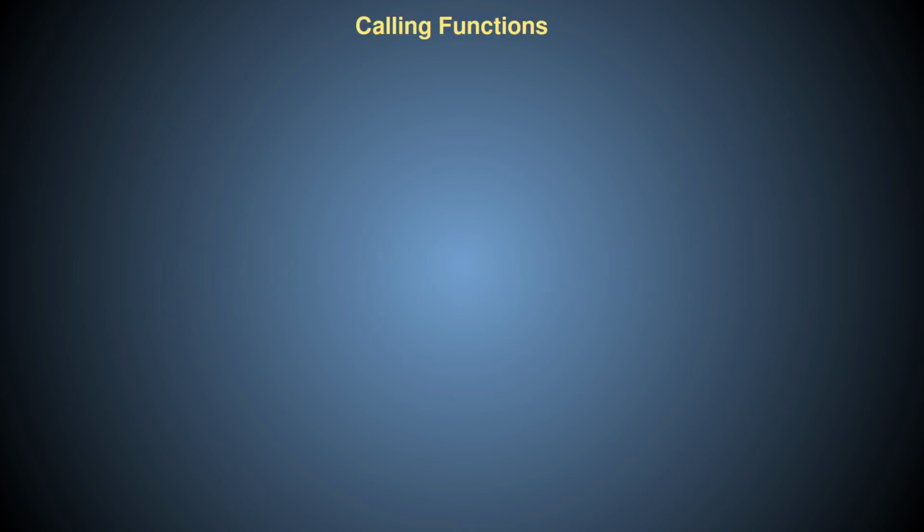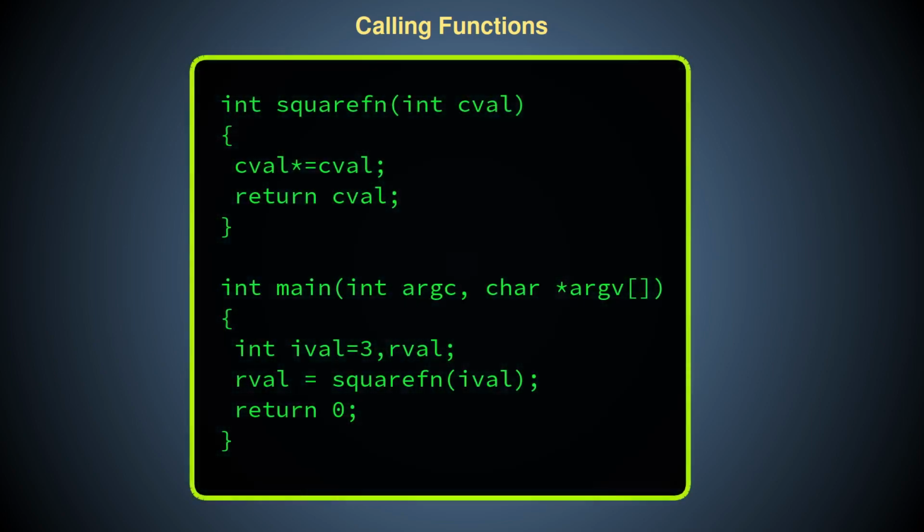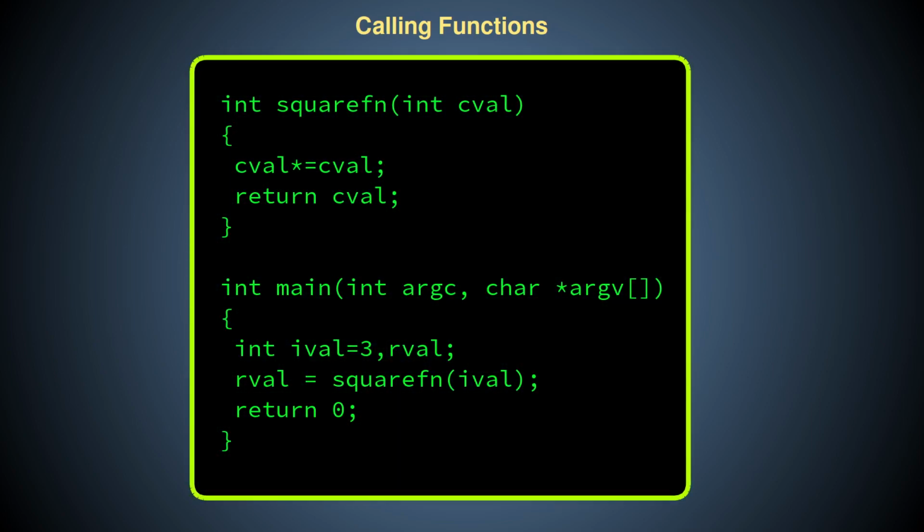We've seen what functions are, how they are declared and defined, and how they can be parcelled off into separate source files for convenience. But how do you actually use or call a function from some point in your code? Well, you simply state the name of the function together with any arguments in your code as shown in this example. You access the return value of the function by using the function as if it were a variable having a value, like this.